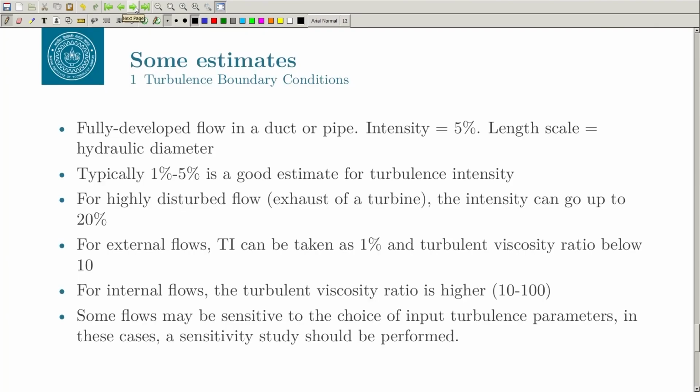If you are using, let us say, a 4 equation transition model like gamma and Re theta, okay, there you use gamma equal to 1 because you assume that there is some turbulence in the free stream even if it is not in the boundary layer. So, gamma should always be equal to 1, and for Re theta you can use some analytical relation to calculate the momentum thickness Reynolds number.